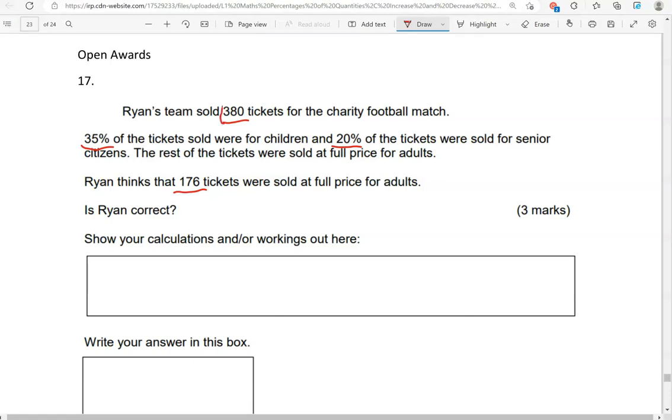So 380 tickets is the total number of tickets sold. So that's the 100% amount.